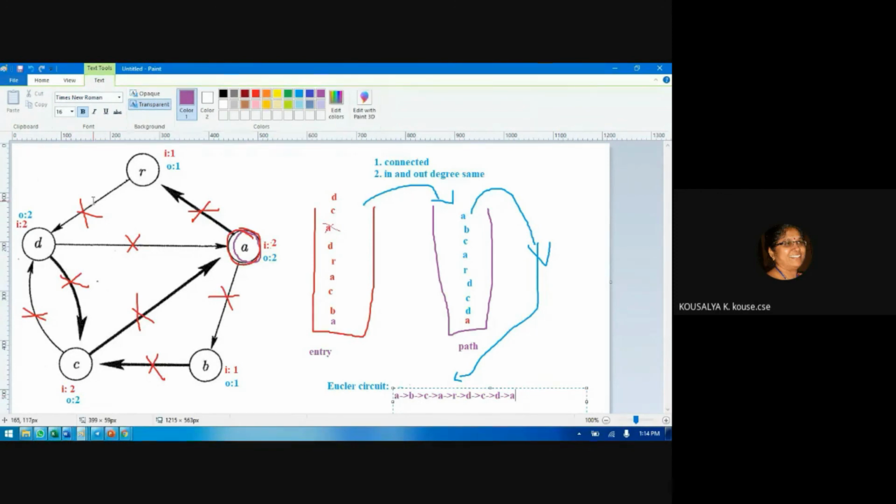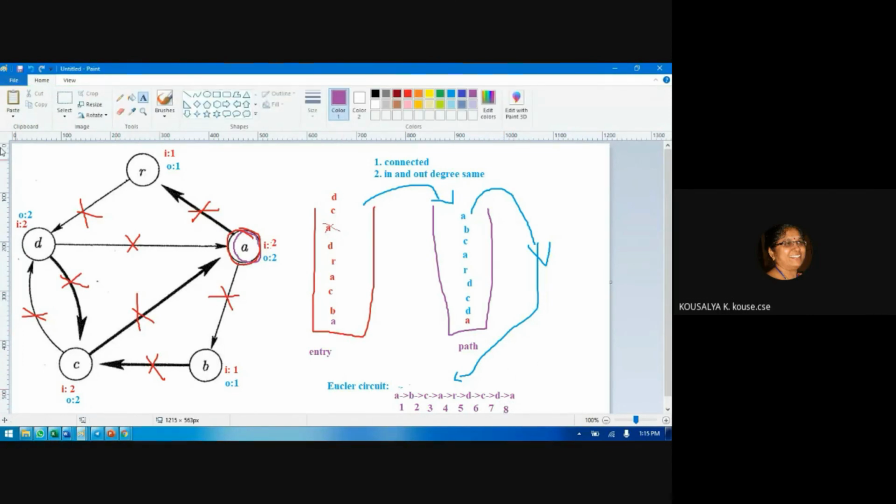You have to count how many edges there are: A to B is one edge, B to C another edge, C to A, A to R, 5, B to C, 6, 7, 8. So we have 8 edges. All the edges are added into your circuit.